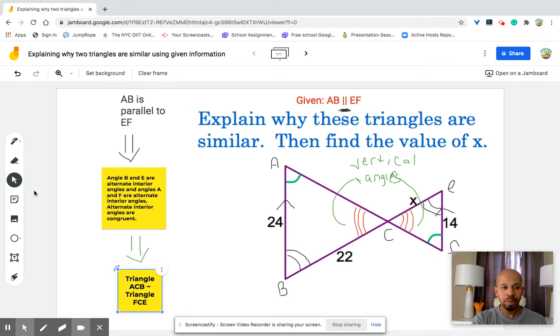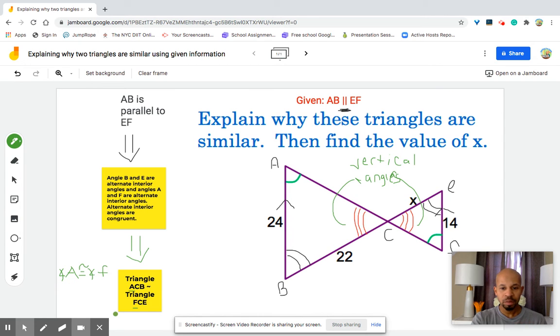We know that it has to be in this order because angle A is congruent to angle F. So notice they both come first.